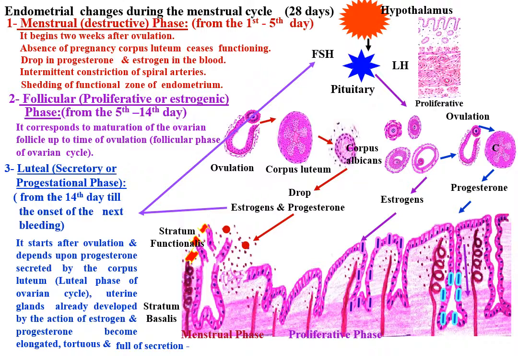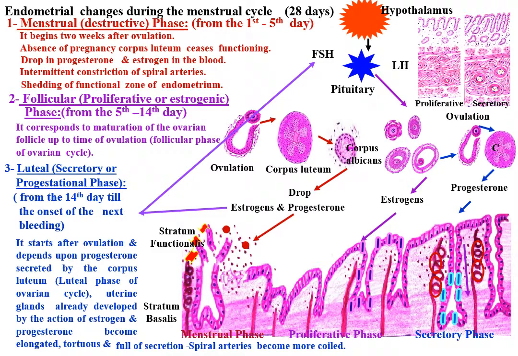They enlarge and accumulate glycogen and lipids. Spiral arteries become more coiled. Progesterone also inhibits the contraction of the myometrium, thus helping implantation of the embryo. Later on, the corpus luteum ceases functioning if no fertilization occurs and the menstrual or destructive phase begins.